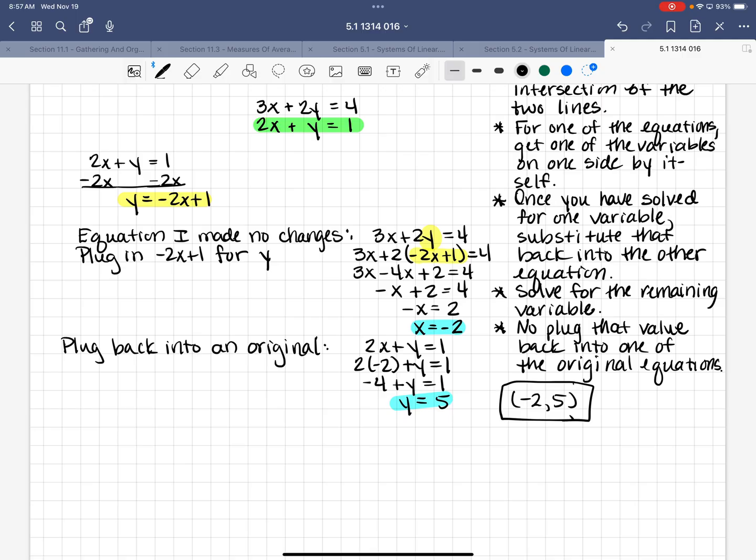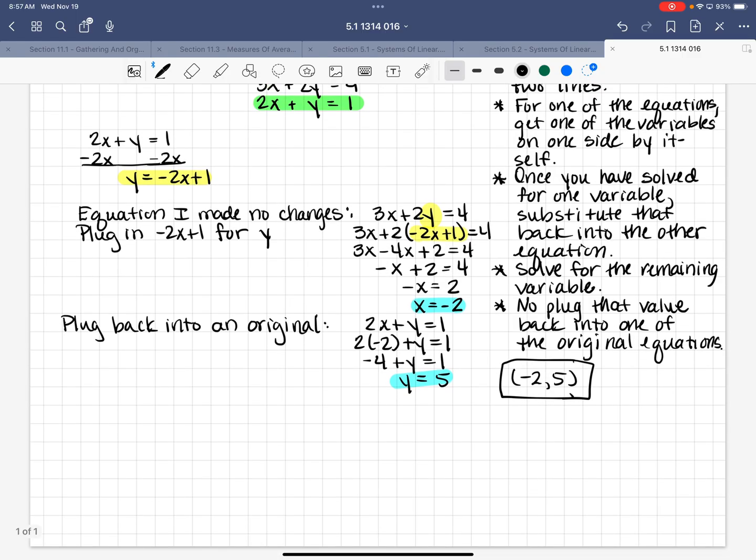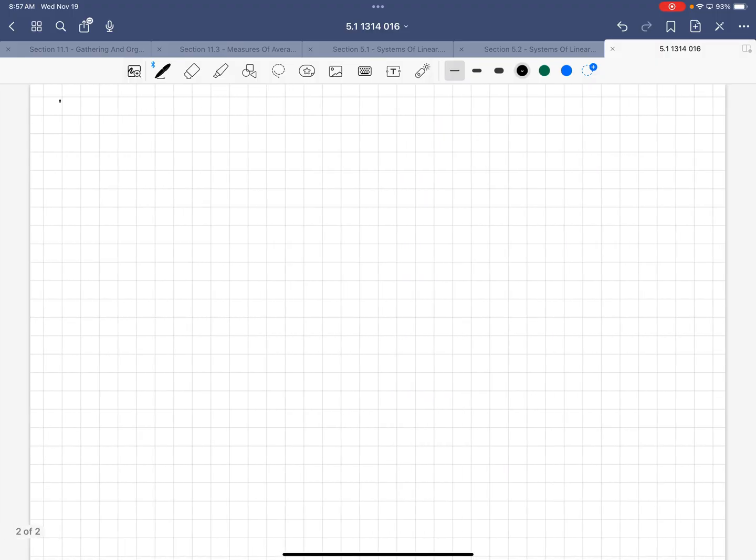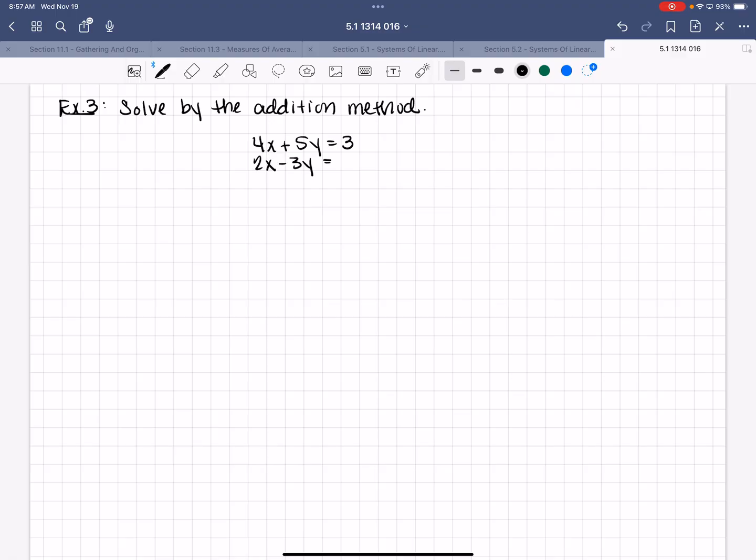Okay. Let's look at example 3. Okay, this time we're going to solve by the addition method. Okay, and I have 4x plus 5y equals 3, and 2x minus 3y equals 7.